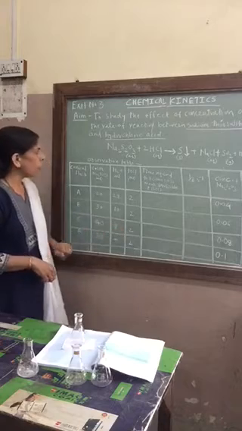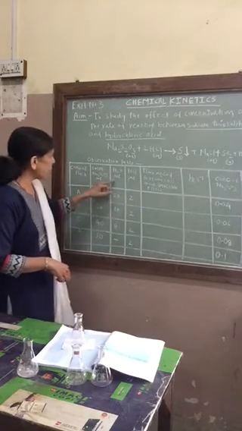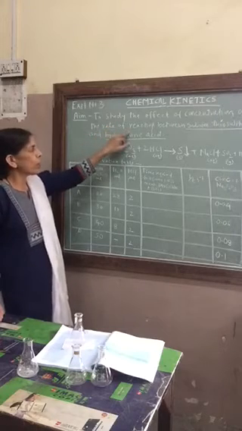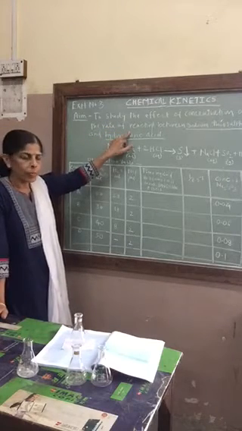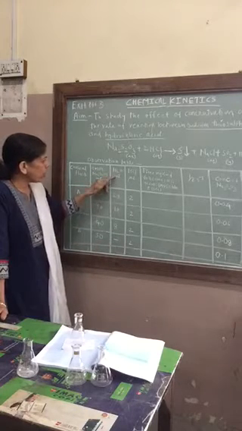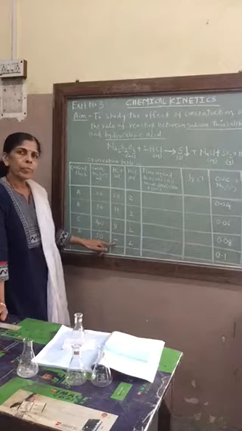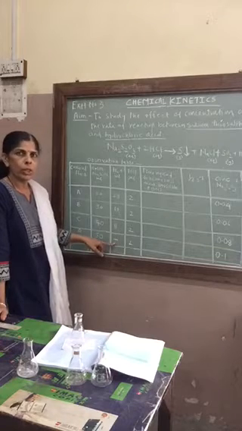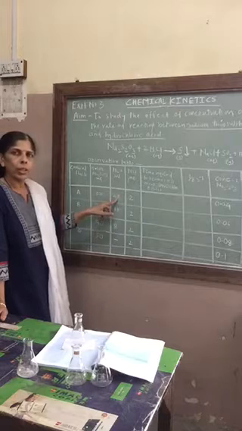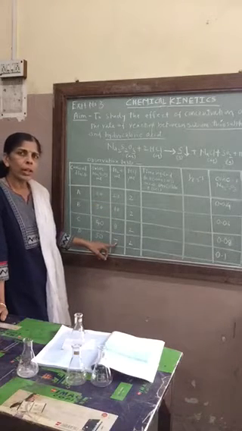Now see what is happening. We are studying the effect of concentration on the rate of reaction between sodium thiosulfate and HCl. If you observe the observation table carefully, the quantity of water is being reduced slowly. In the first flask we add 28 ml of water, and in the last flask we do not add water at all.